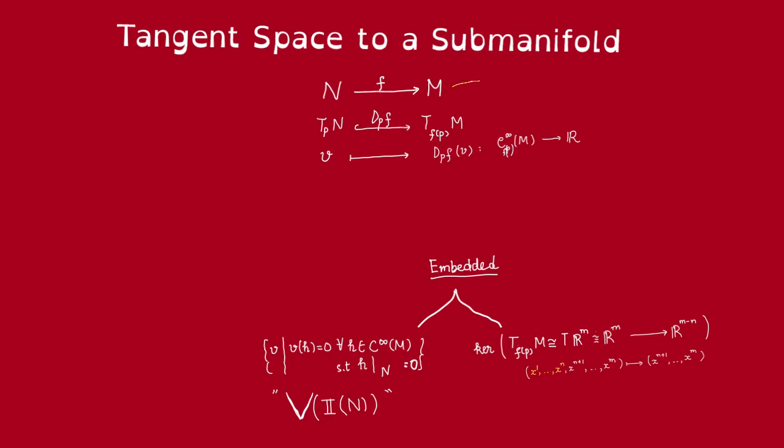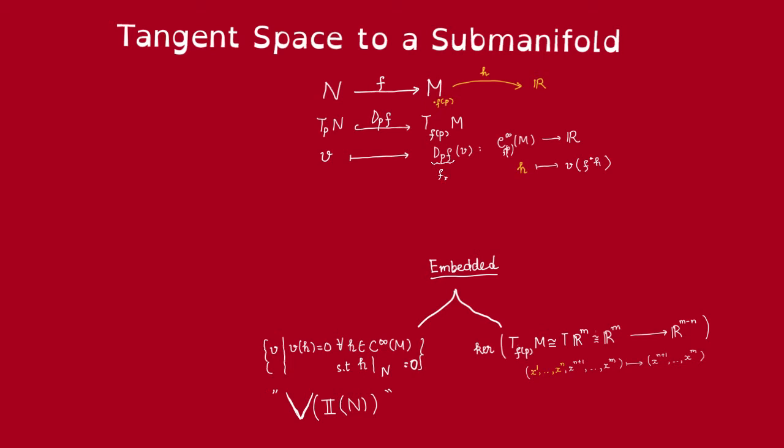So if you're given a germ of smooth function h at f(p), we want to define the image of h. A natural choice would be to take v of the pullback of h, because this composition then becomes a germ of smooth function at p.